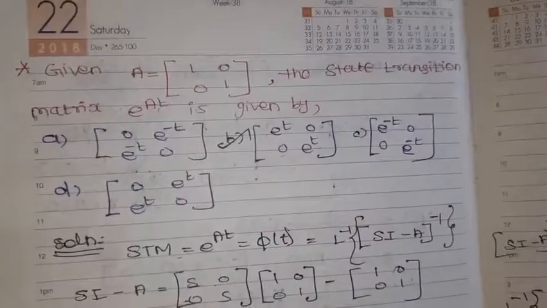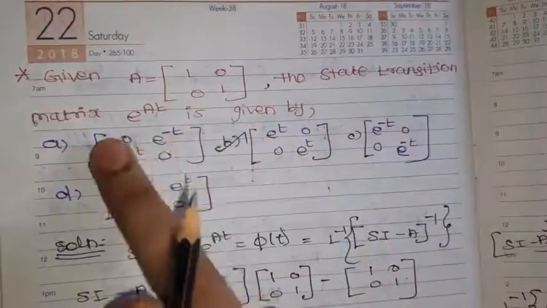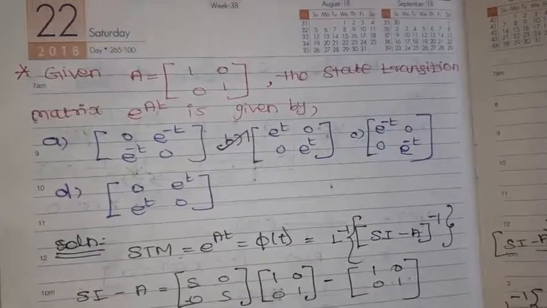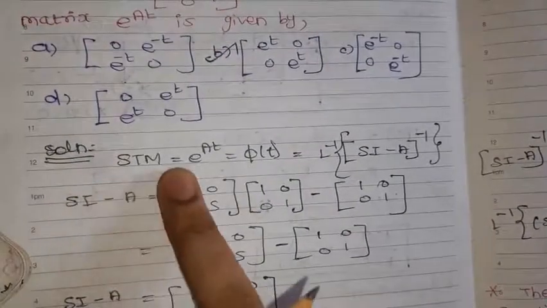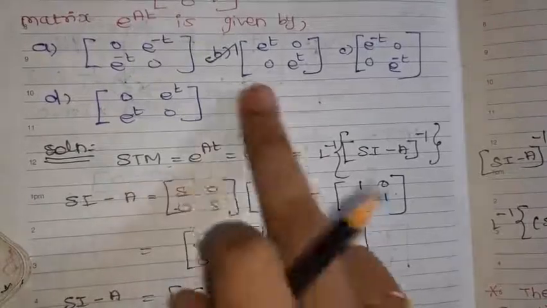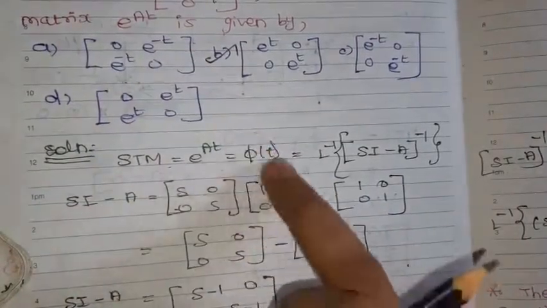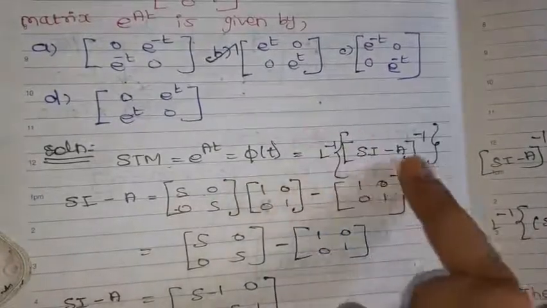Then a matrix is given, the state transition matrix A of t is given by. So we need to find out the state transition matrix. So what is the formula? State transition matrix STM is nothing but e power At is equal to phi of t. The formula is Laplace inverse of (sI minus A) the whole inverse.